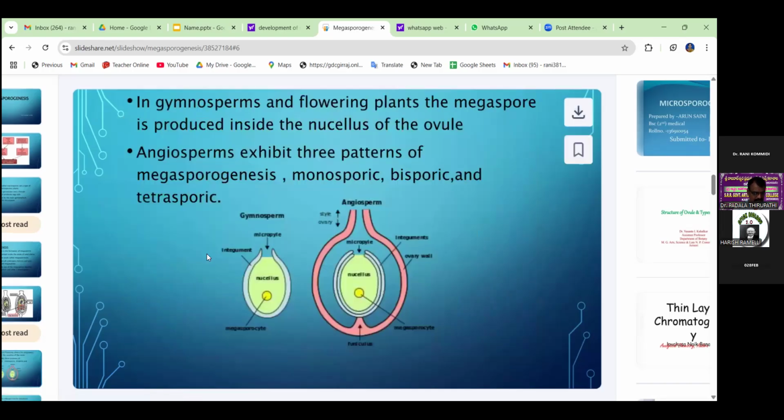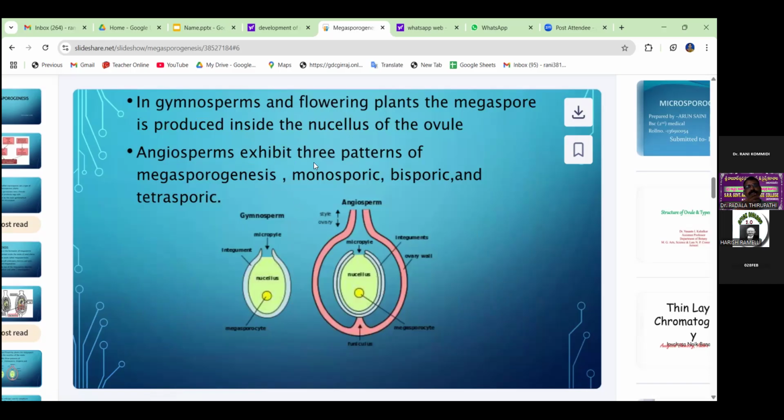In the gymnosperms and some flowering plants, the megaspore is produced inside the nucellus of the ovule. So this one is the gymnospermic embryo sac and this is the angiospermic embryo sac.